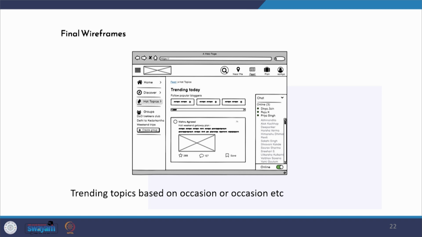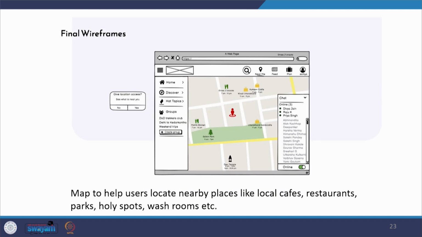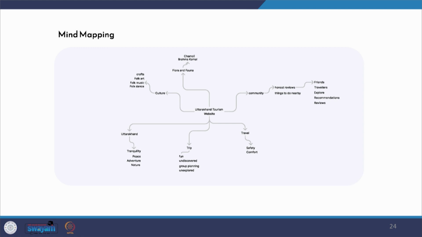One person has started and then the others can follow. And maps to help users locate nearby places like local cafes, restaurants, parks, or washrooms. This will help them access these facilities easily. They can see where they are on the map, and they can also see how far away they are from the facility that they are looking for.